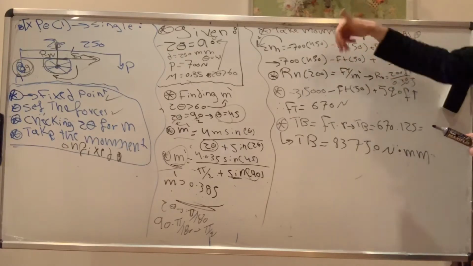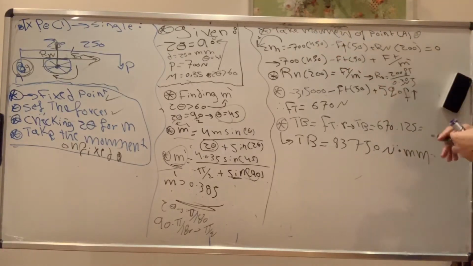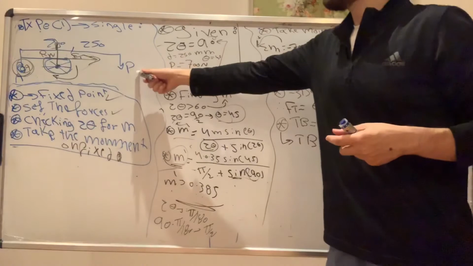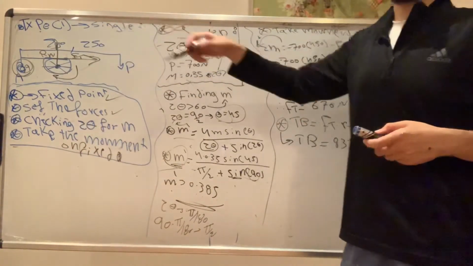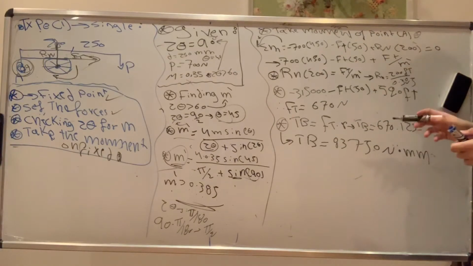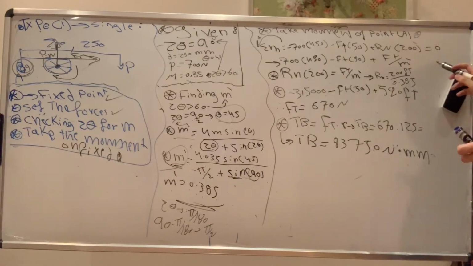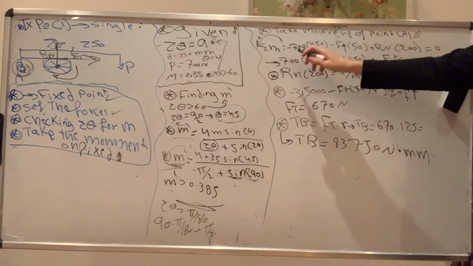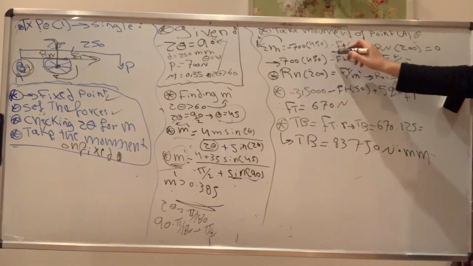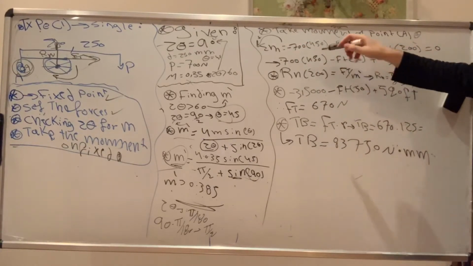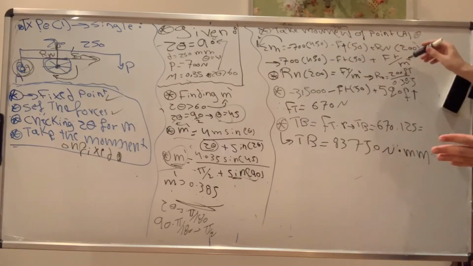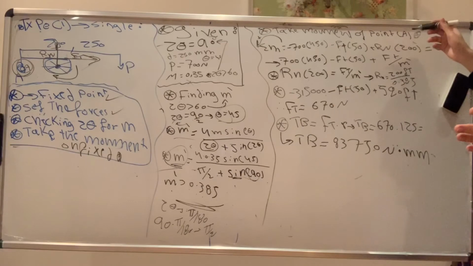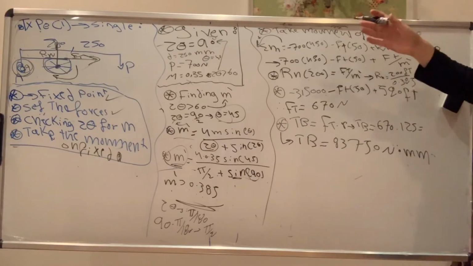Use the rule of the hand, and take the moment at point A. The three forces are the P force, the FT, and the RN. First, we take the moment at point A of the FT with the vertical distance. Just simple mathematics applied, very easy to solve.